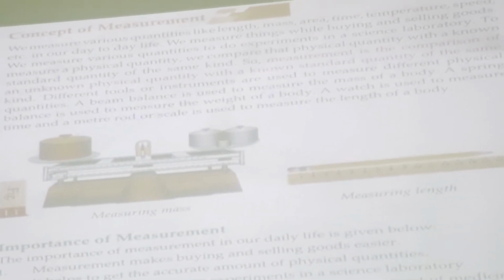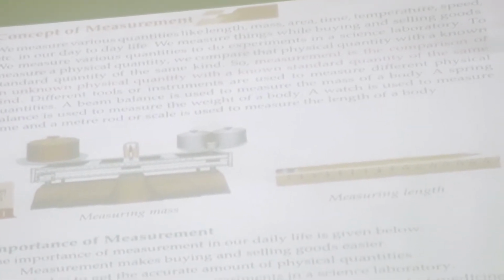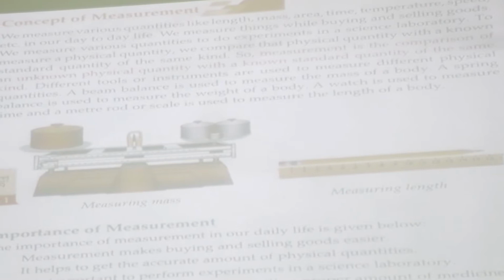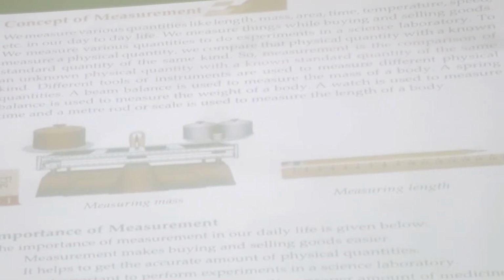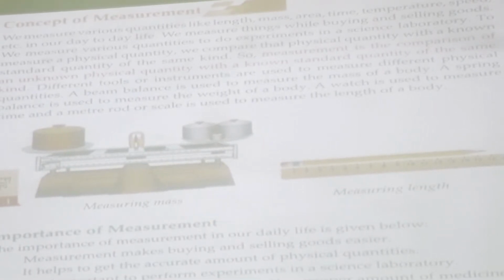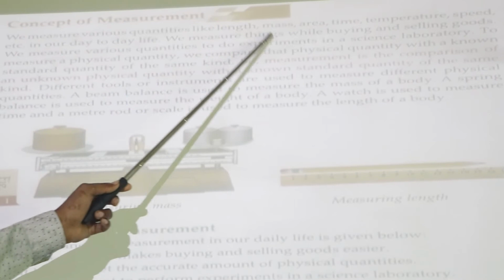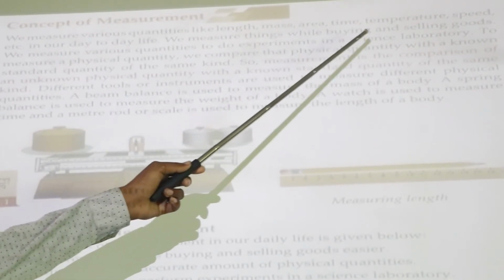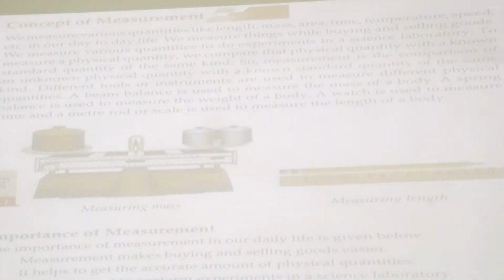We measure various quantities to do experiments in a science laboratory. To measure a physical quantity, we compare that physical quantity with a known standard quantity of the same kind. Quantities are length, mass, area, time, temperature, speed, etc.